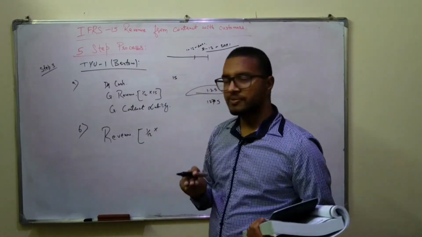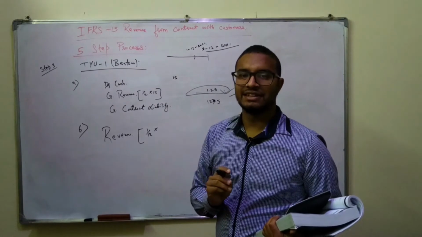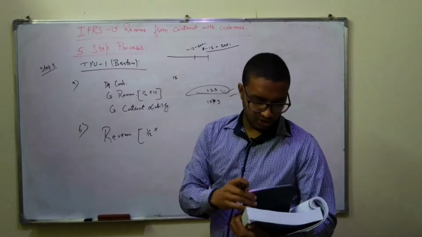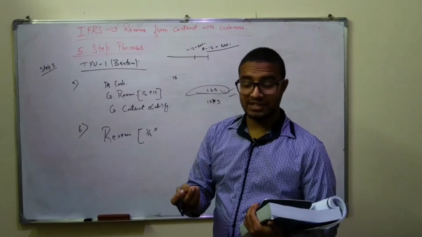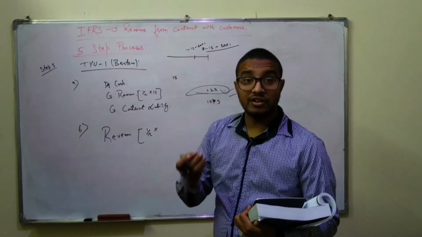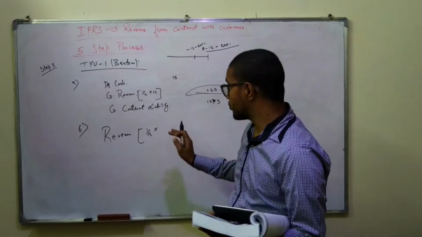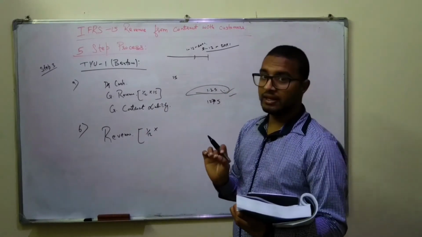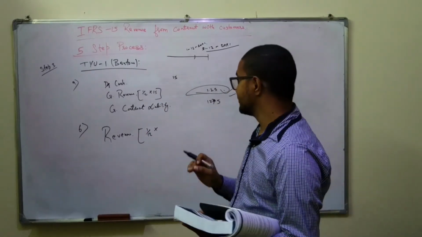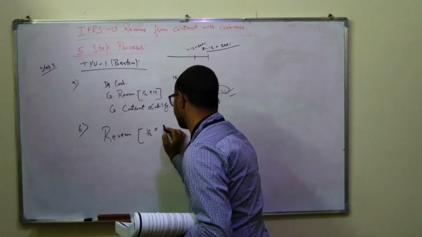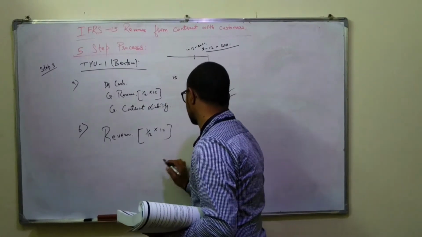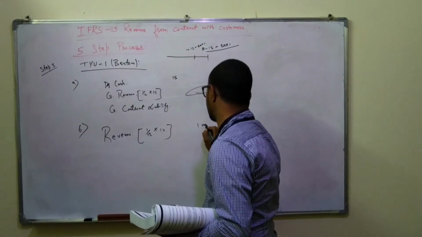And our multiplication factor is not 15 right now, because it has no experience in providing that service, so it is probable that a reversal might occur. So we don't recognize it in revenue right now. So what we have to do is 12 divided by 12, and the revenue would be 1 million.